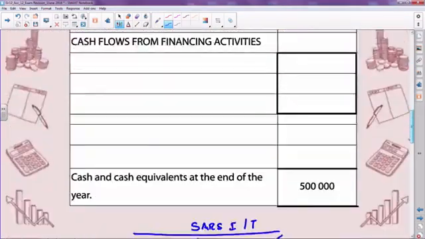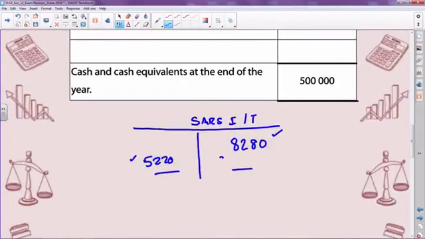With regards to my calculation, my income tax is 300,000. Why is that? Because my contra entry is a debit to income tax, a credit to SARS income tax. If you work from this perspective, using the T account, you can clearly see where your balances are, and the missing figure would obviously be my bank figure.